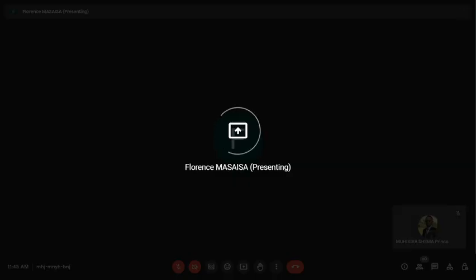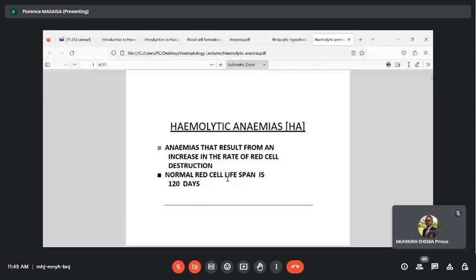The next point will be on hemolytic anemia. By hemolysis, what do you understand? It's just an increase in the rate of red cell destruction. Here we say that the normal lifespan is 120 days. Any destruction before the 120 days is called hemolysis.